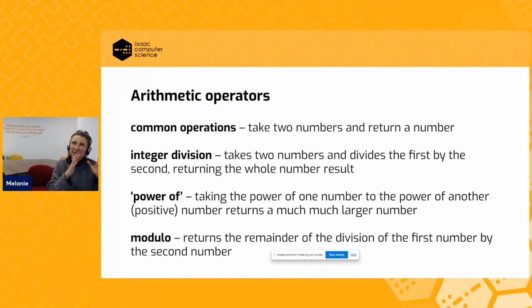Well, that's taking a number and then another number, and the one number is taken to the power of another number. And the big idea is there, you get a much, much larger result. Modulo, maybe a new word, but actually it's again that thing that you did in primary school when you said, oh, what is 9 divided by 4? I'm sure you would have said it's 2 remainder 1. Right, brilliant.